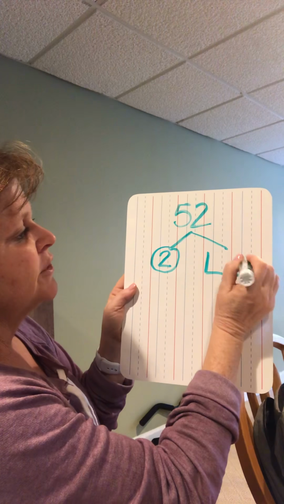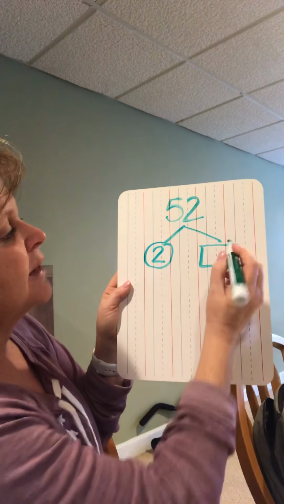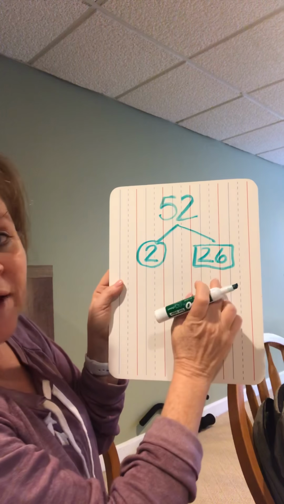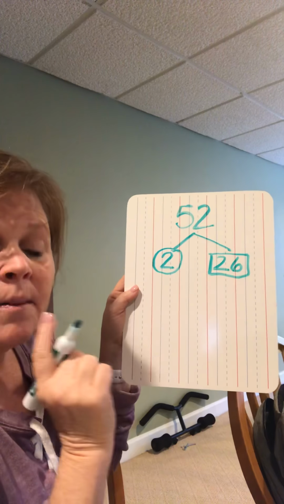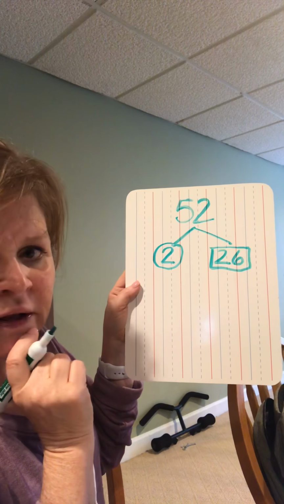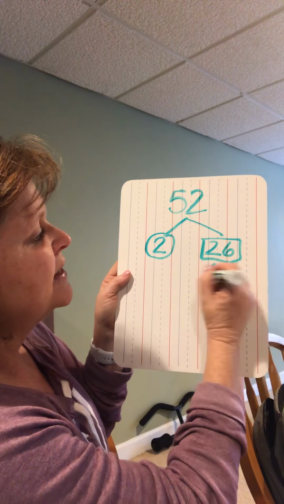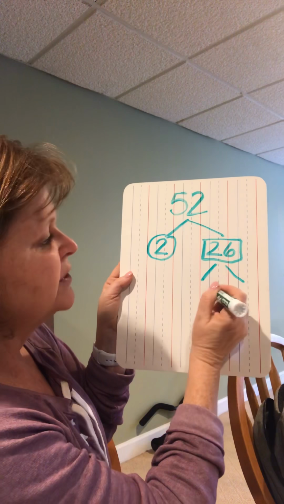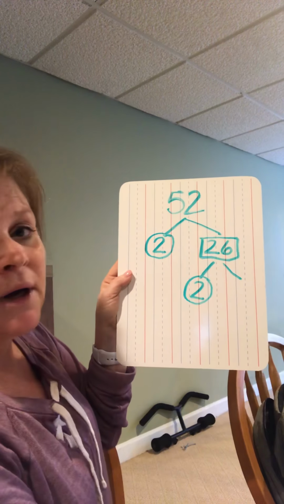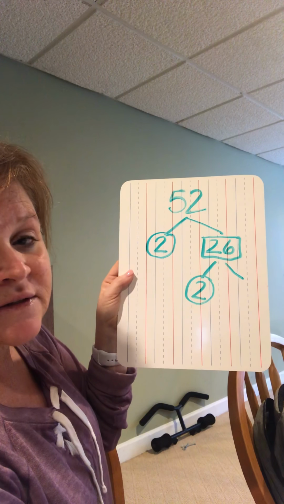Now when you look at this, you may quickly know, oh yeah, 52 divided by 2 is 26. So I have to factor 26 because when we look at 26, it's an even number and all even numbers are divisible by 2. So 26 can be broken down into 2. And what do you think you multiply 2 by to get 26?